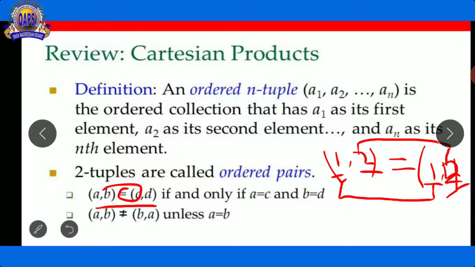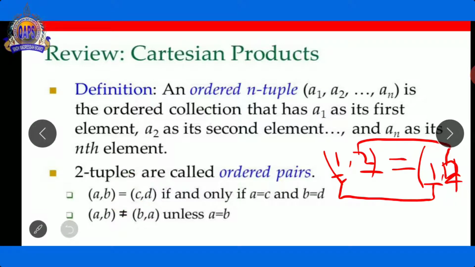Now, same here, these conditions represent that a equals c and b equals d. So we can say that this ordered pair is equal to that ordered pair.